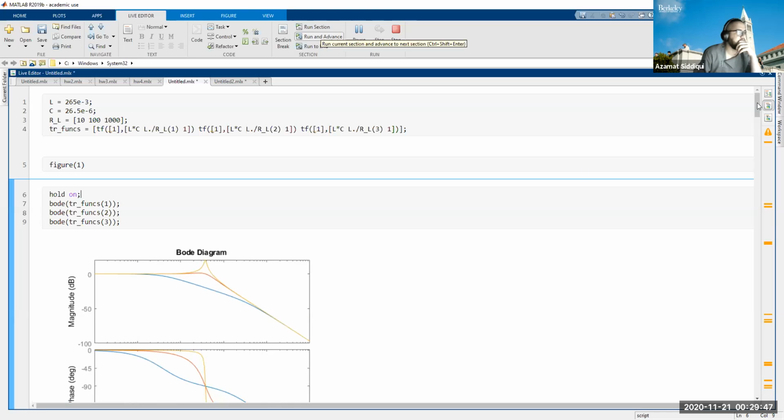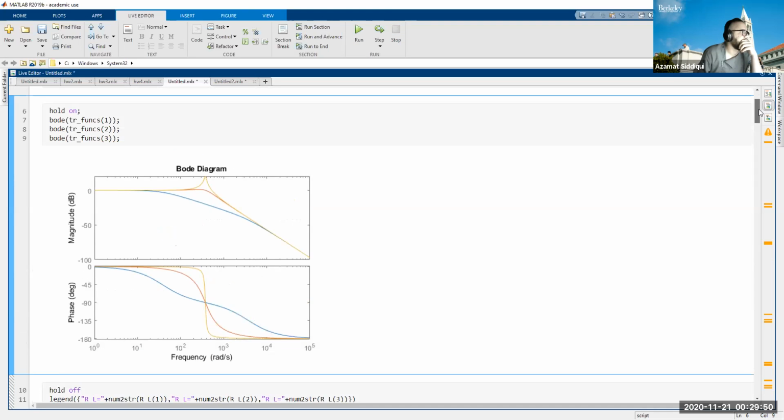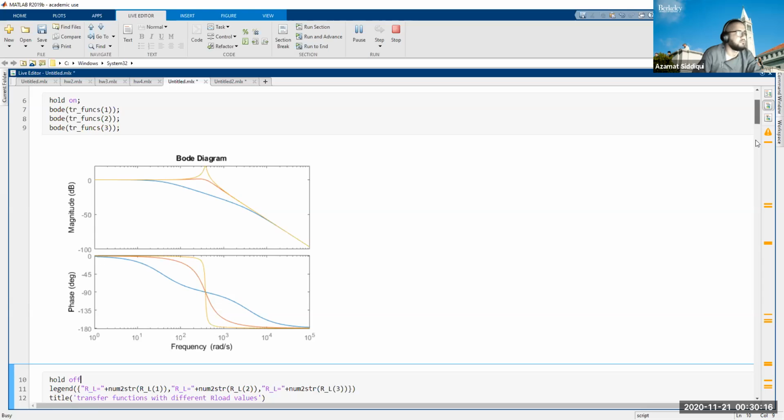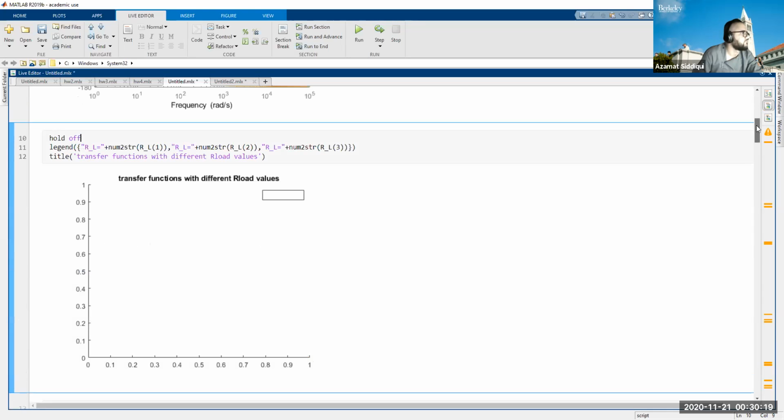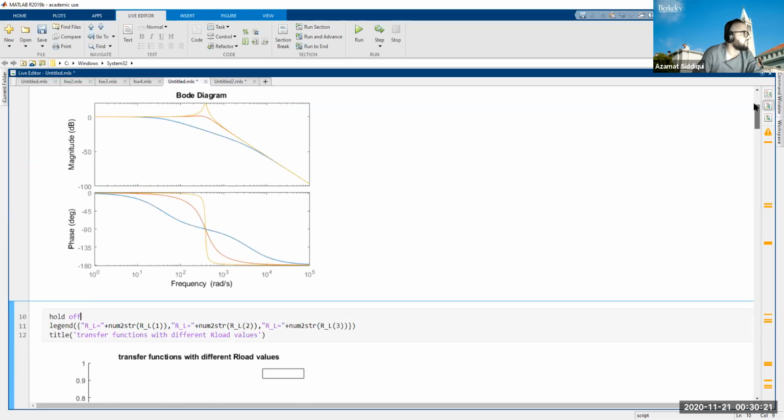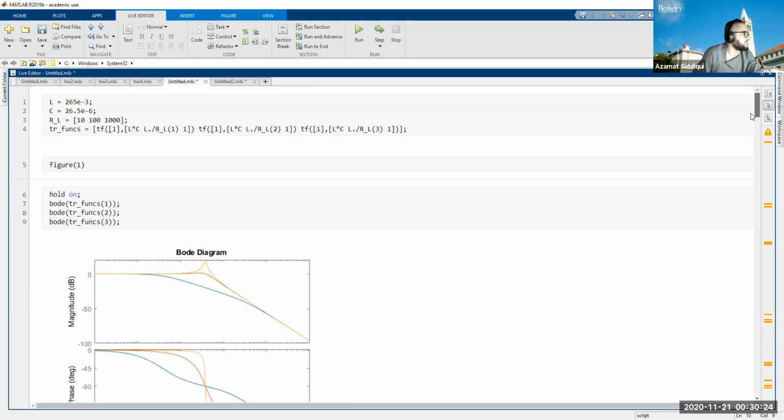Now you can see all of that, and I'm going to run this section quickly as well to show which one of these is which resistor value, because we have L and C as constant, and the only thing that's changing is the value for RL. Okay, well, looks like I messed up a little bit.